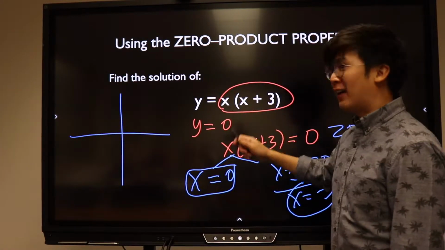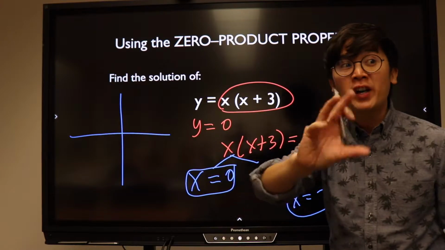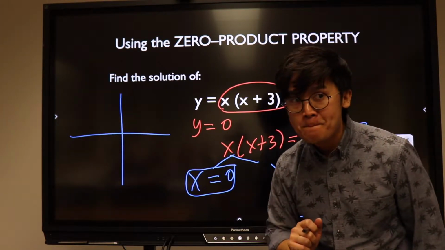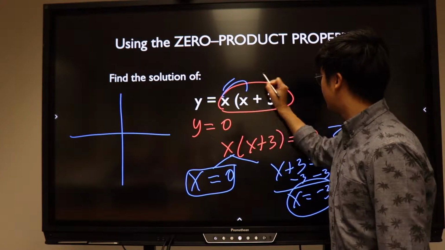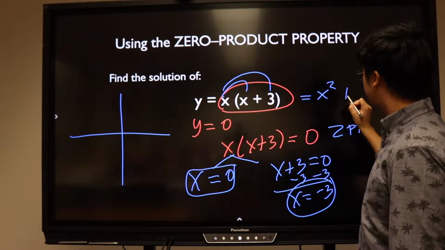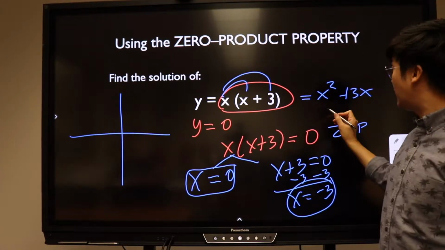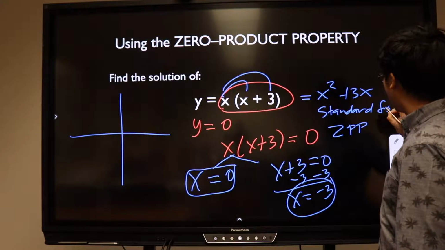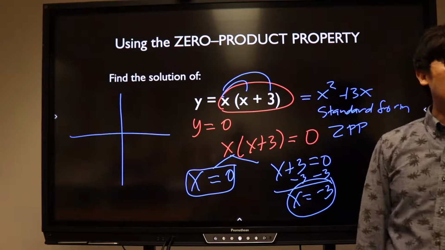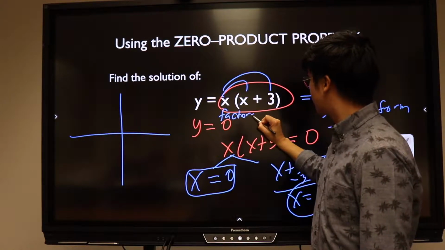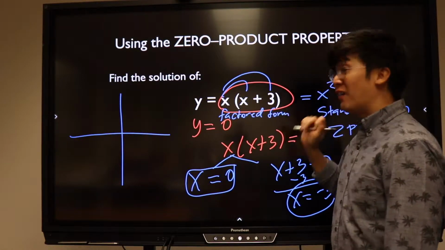Okay, let's modify the quadratic equation so you can see it better. How are we going to modify it? Multiply it: x times x, x times 3. This is the standard form of the quadratic equation, and the other is the factored form.